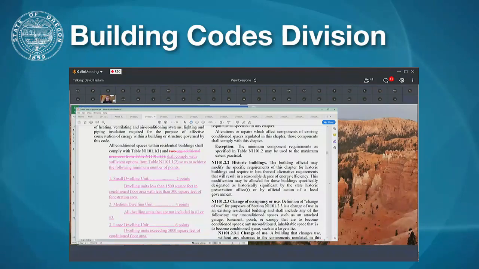So it recognizes that if somebody can be more space efficient when deciding to construct a building, they're already going to have less overall energy consumption, and therefore could have fewer additional measures required.